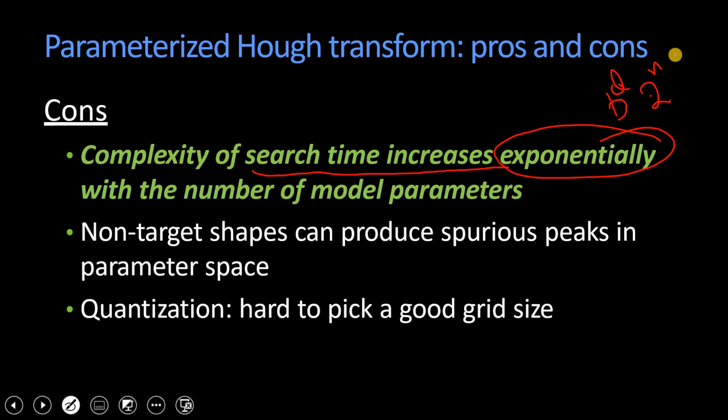Another bad point related to this algorithm is that non-target shapes can also produce spurious peaks, some random peaks in the parameter space for targets that you were not expecting. For example, you are trying to detect a circle, and there is some shape in the image that you don't target, but it resembles a circle a little bit, and maybe it will give some bright spot.